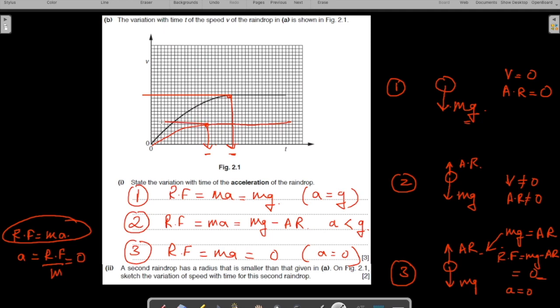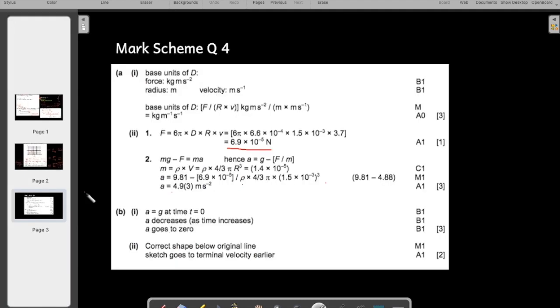Here the magnitude of the terminal velocity has gone down as well. Compare these two numbers. So your final answer should be a curve like this, which I am tracing with my pointer. So please do have a look at the mark scheme to look at the answer as well.